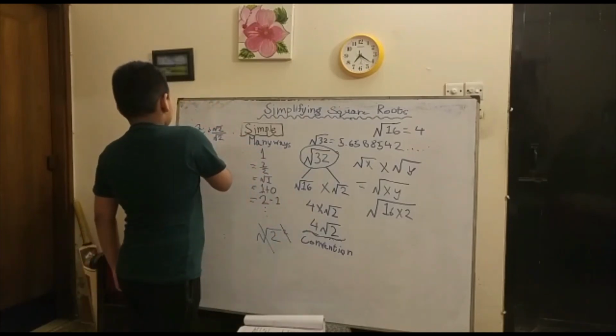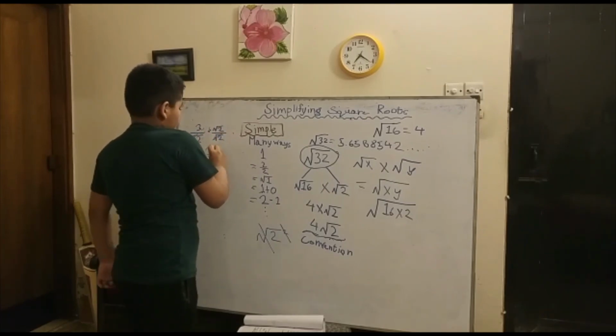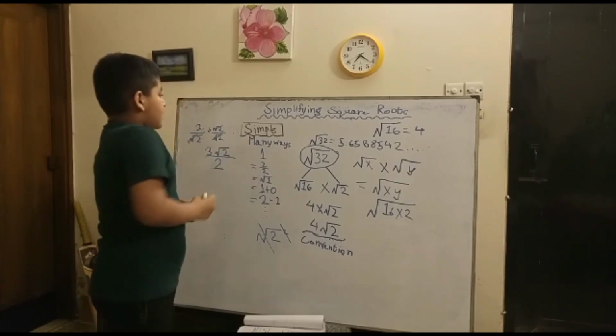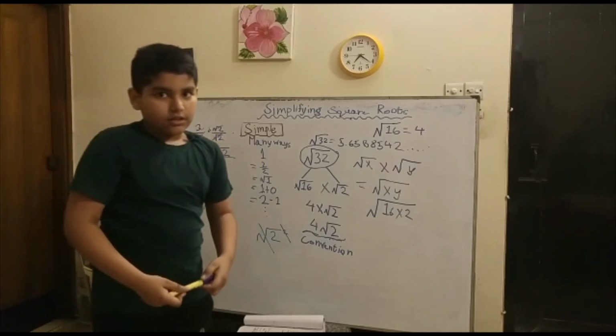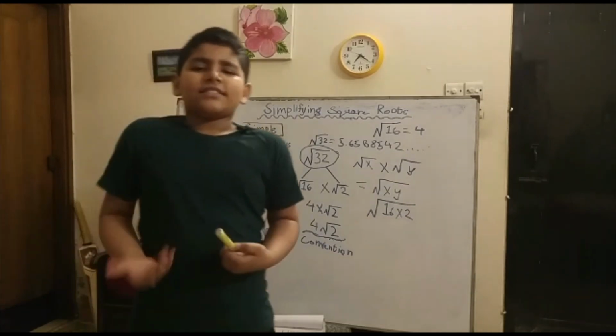So these will cancel, making it 2, and up here we get a convention. So it's 3 square root of 2 over 2. This is a more simplified one because now the rational number is on top. So that's all there is to it.